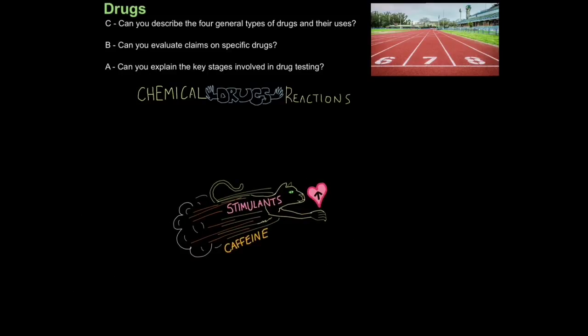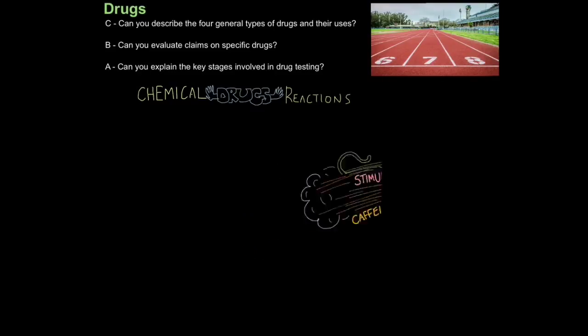Stimulants increase things in your body, like the speed of your reflexes or your heart rate. For that reason, some stimulants are used by athletes as performance-enhancing drugs. The most common form of stimulants includes caffeine, which you find in tea, cola and coffee, and also nicotine, which you find in cigarettes. So stimulants speed things up.